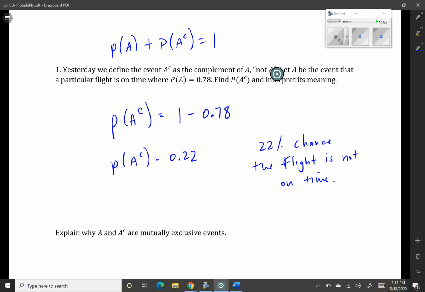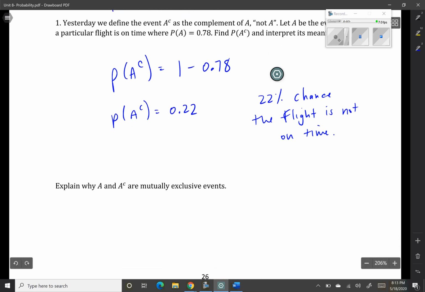Explain why event A and event A complement are mutually exclusive. So these two events are another example of two events that are mutually exclusive, because a flight can't both be on time and be late at the same time. So you can say a flight cannot be on time and not on time simultaneously.